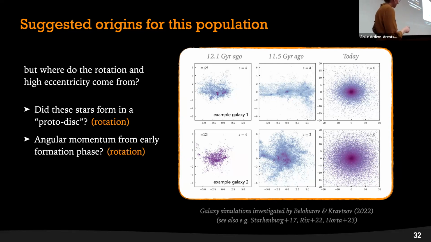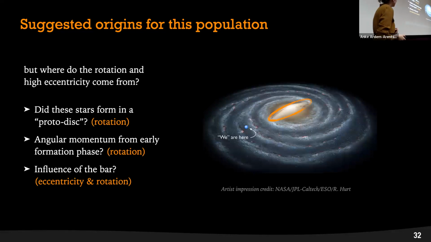Or maybe in this very early chaotic phase, you have all of these building blocks coming together, and there might just be some leftover angular momentum from this phase, with a few more building blocks coming in from one direction than another. That means you have a little bit of spin left over in this population. And then finally, in the inner galaxy you have this bar structure, a very elongated structure with very highly elliptical orbits.